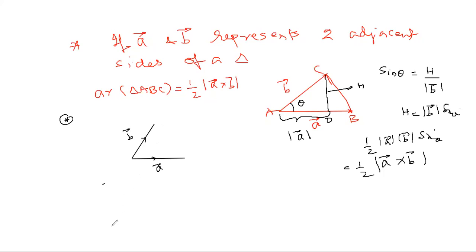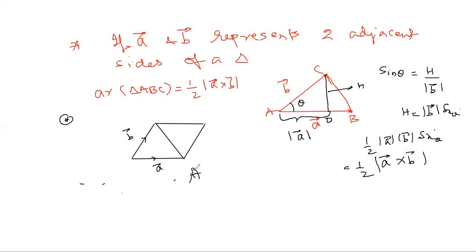So we can make it a parallelogram, and if we divide it into two parts, each part will have the same area. So if you multiply the area of this triangle by 2, you will get the area of this parallelogram. You can remember the area of a parallelogram this way also.